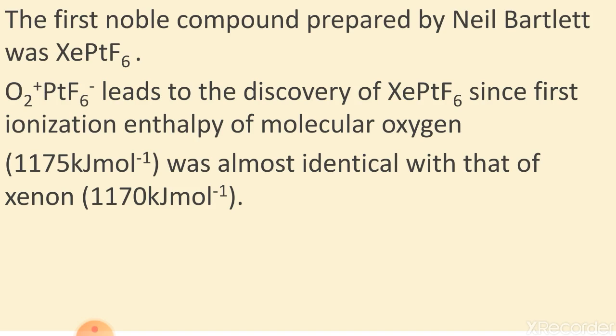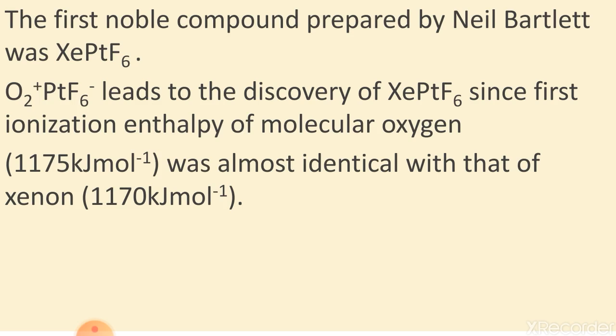So this led to the discovery of compounds of xenon. As you know about chemical reactivity, xenon, radon and krypton have been found to react chemically, and the reactivity increases down the group from krypton to radon.